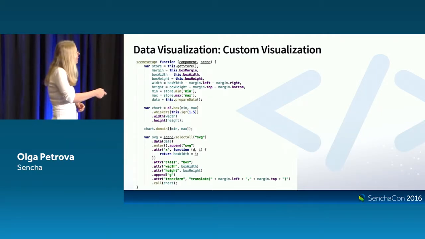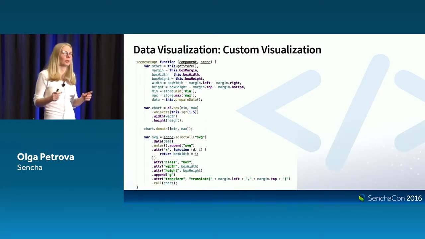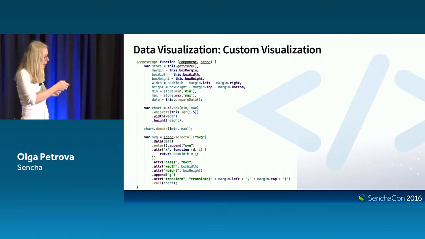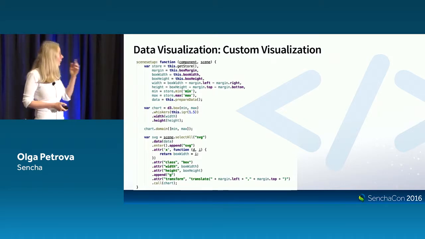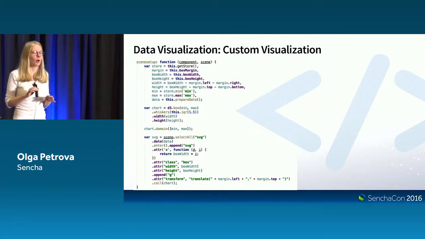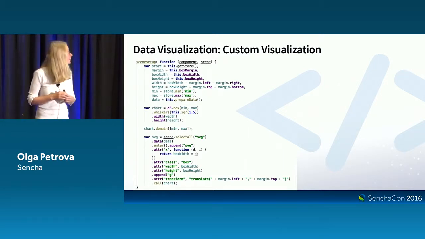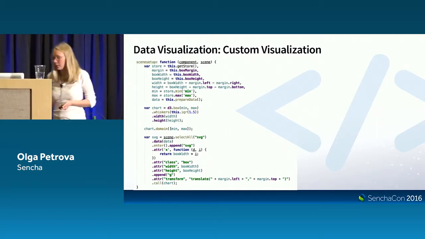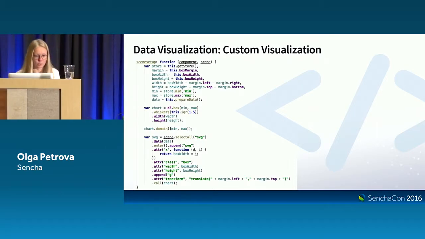Then I specify the min and max value for the domain, so D3 will know how to scale the box plots. And the last part, I render my visualization. For this case, you would need to understand the D3 JS API, but it's not necessary to go into all details. How it looks like.